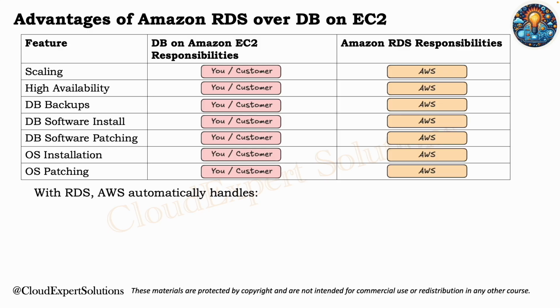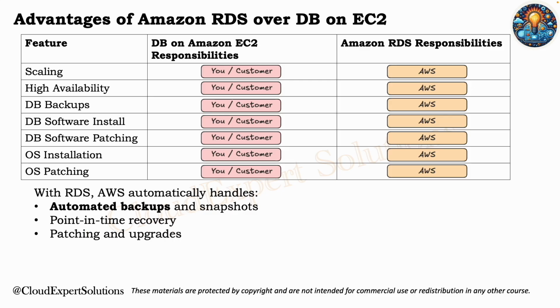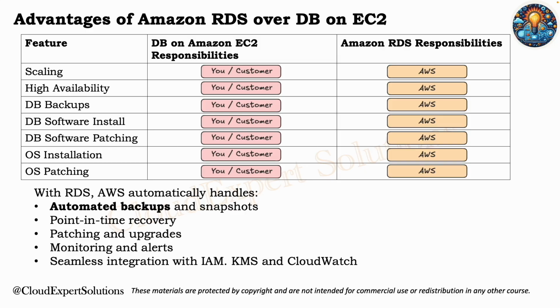With RDS, AWS takes care of the heavy lifting, starting from automated backups and snapshots, point-in-time recovery, patching and upgrades, monitoring and alerts, and seamless integration with IAM, KMS, and CloudWatch. This means you get higher availability, less operational overhead, and better scalability compared to a self-managed setup.